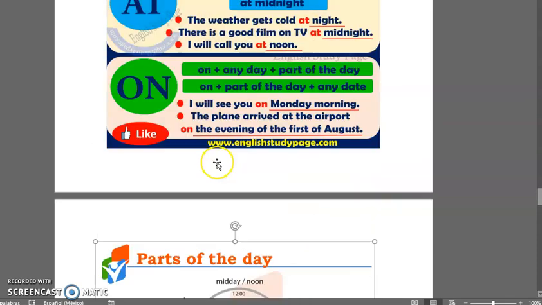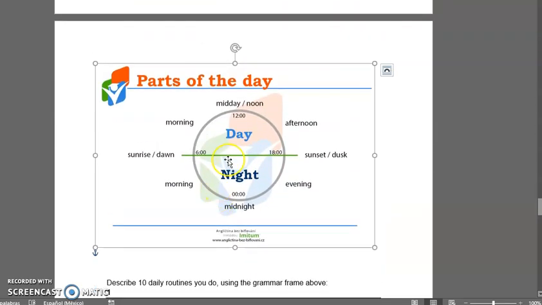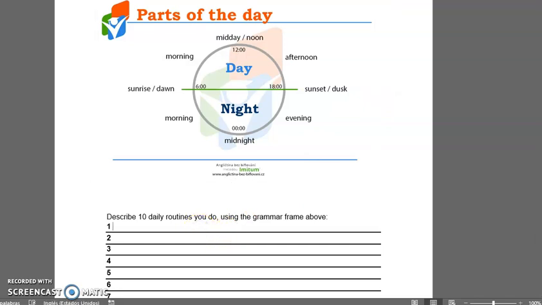Okay, now we have the preposition, the part of the day, and the last element you need is the action itself. For example, I'm going to do this daily routine here. I teach English.